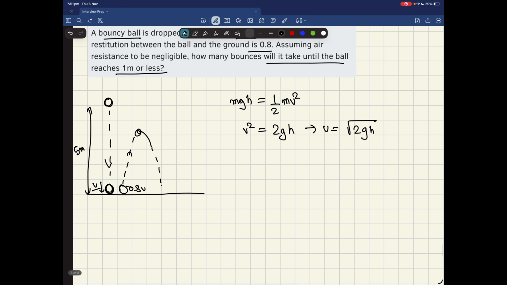Now, if we consider 0.8v, we know that after every bounce, for example, after the first bounce, the kinetic energy would be half m (0.8v) squared, and the height after the first bounce would be h1, so that equals mgh1.